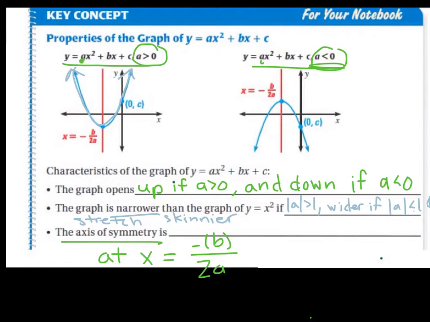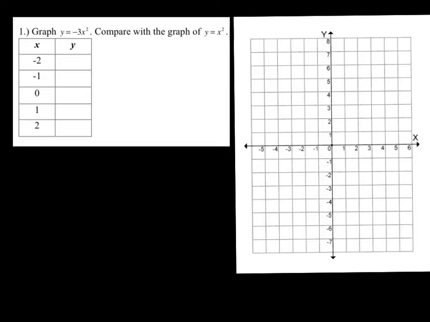So the axis of symmetry goes through the x value of your vertex. So if you've found the axis of symmetry, you know the x value of your vertex. If you've found the x value of your vertex, you know where the axis of symmetry is. So let's go ahead and try some examples.